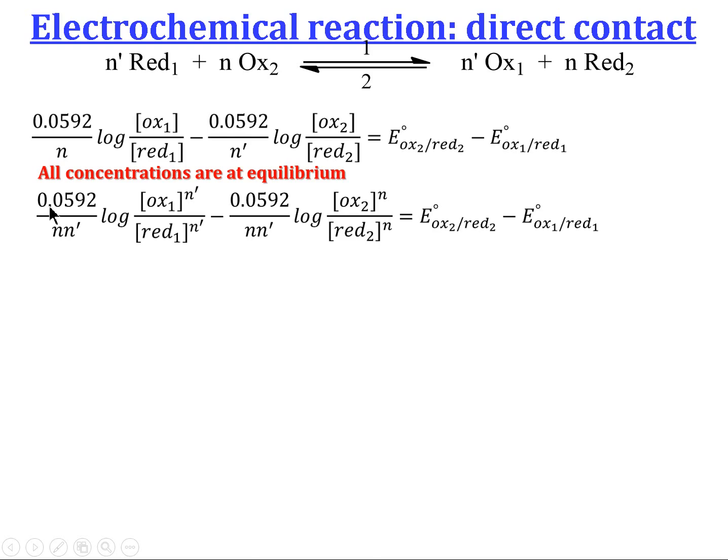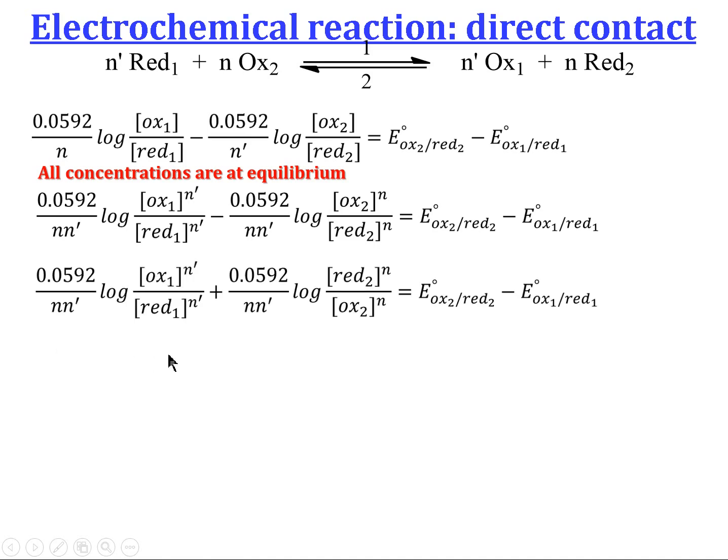Then we can take 0.0592 divided by n n' as a common factor. So 0.0592 divided by n n' log Ox1/Red1 at equilibrium to the power n'. We invert Ox2 with Red2, so instead of the sign minus, we will have a sign plus.